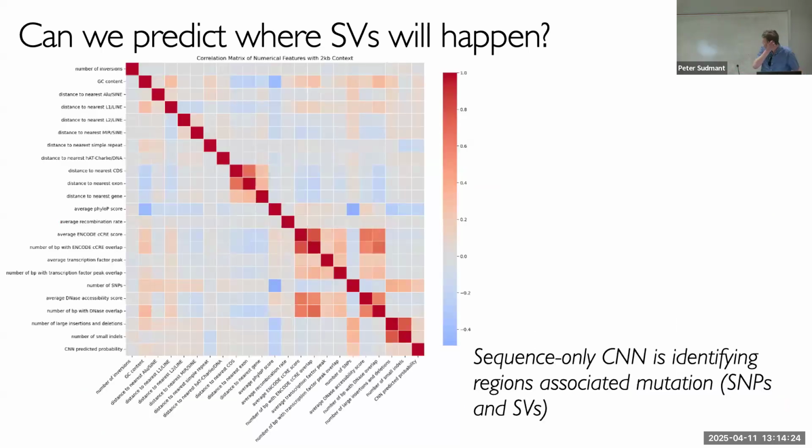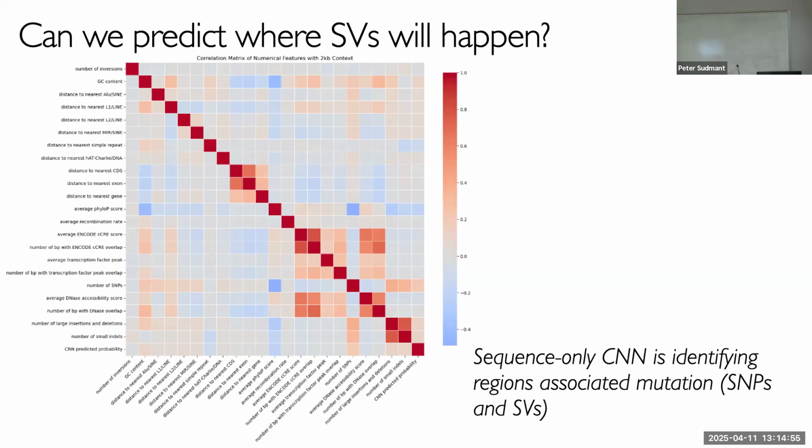So what are these genomic annotations? You can see here they are: GC content, distance to nearest ALU, distance to nearest LINE, SINE, things like that. Then here's the CNN, what it's predicting, and then this is just showing the correlation between these features. So the CNN is actually not really correlated that much with things, but it is correlated with the number of SNPs, and it's negatively correlated with phyloP score.